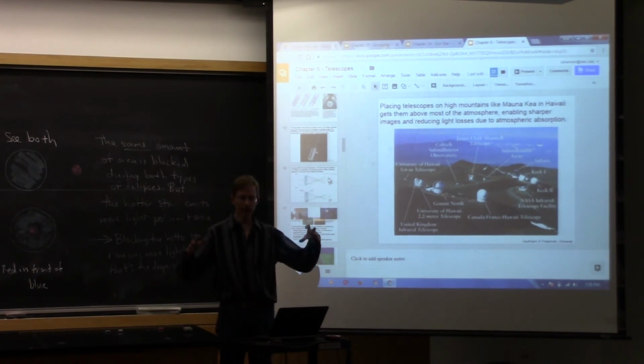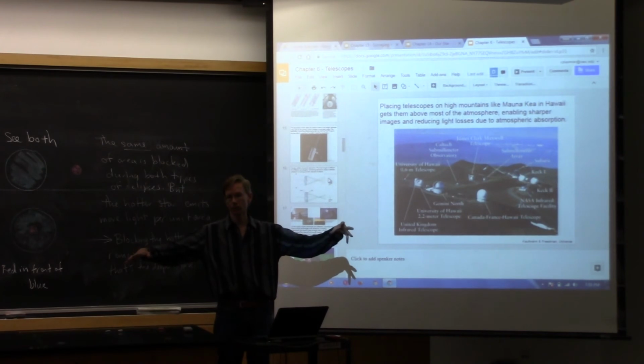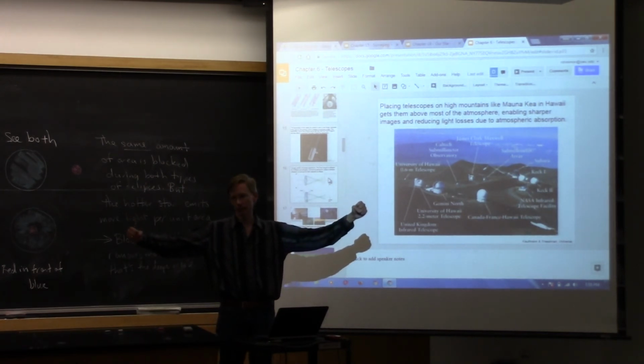It's possible to electrically combine the signals of radio telescopes, and now it's becoming possible to do this with infrared telescopes too, and maybe even visible light. But by combining the signals of radio telescopes separated from one another, you can get an angular resolution which is the same as you would get if you had a giant radio telescope whose size was equal to the distance between the radio telescopes.